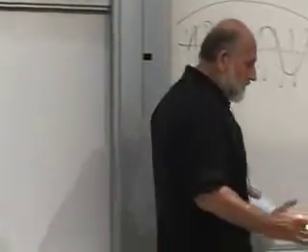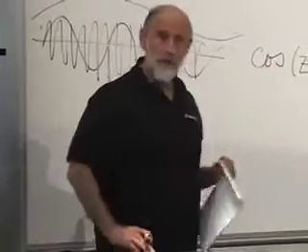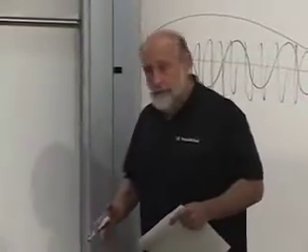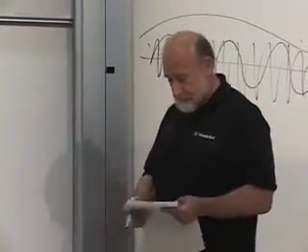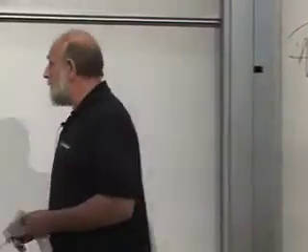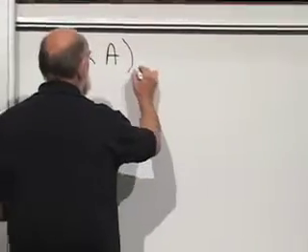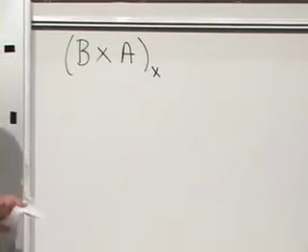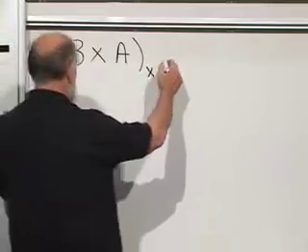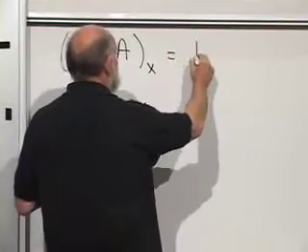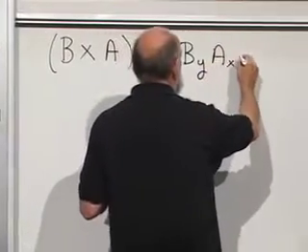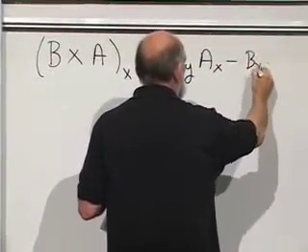If we have two vectors, each pointing in some direction with a given length, we can multiply them together and make another vector. The cross product is defined by its components. So for example, the x component of B cross A is defined to be by times az minus bz times ay.